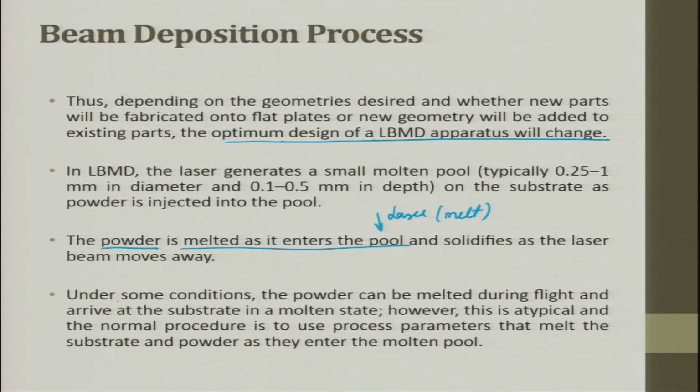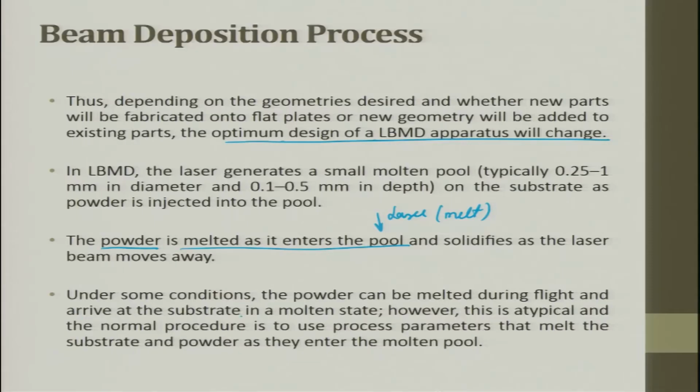Under such conditions, the powder can be melted during flight. That means to say, before dropping, during the flight itself, the powder can melt. Why does the powder melt? Because the surface area is large and the volume is small, so it can easily melt. So, during flight it can arrive at the substrate in the molten state.